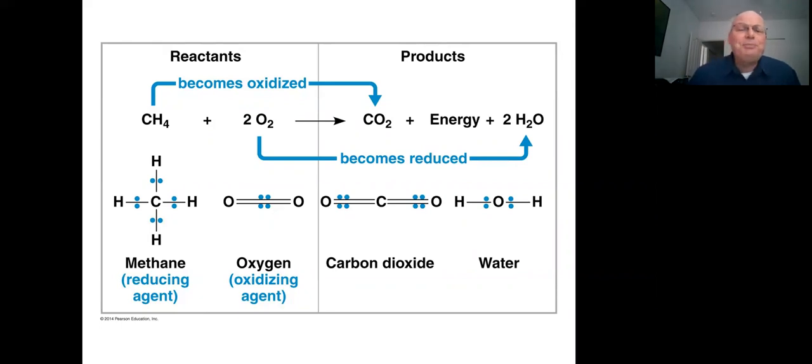So how does this become a redox reaction? Well, the way we have to think about this is to look at the electrons in the covalent bonds. When we look at the electrons in the covalent bonds of methane, we know that methane is a non-polar molecule because the covalent bonds are non-polar. The electronegativity of hydrogen and carbon are essentially the same.